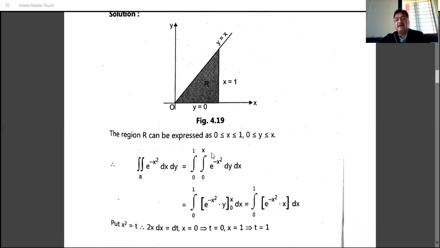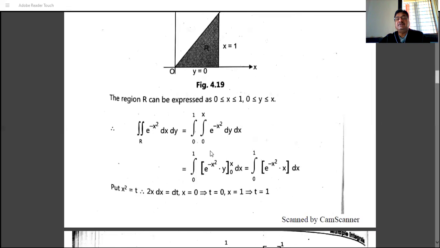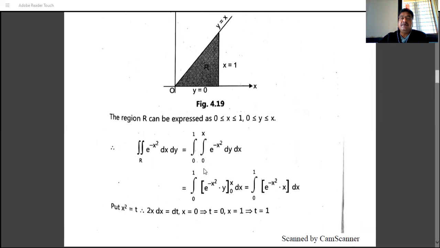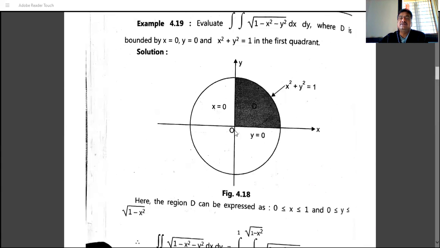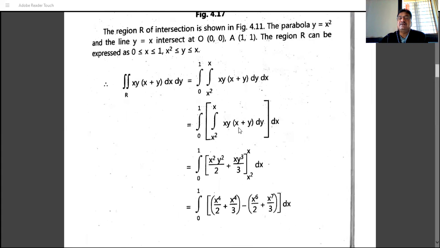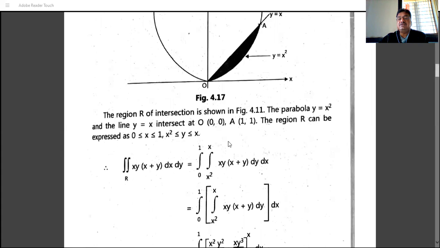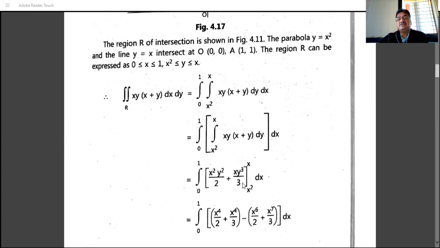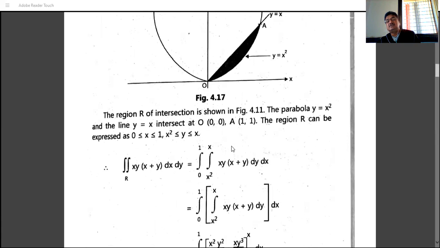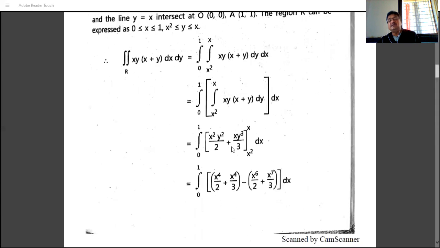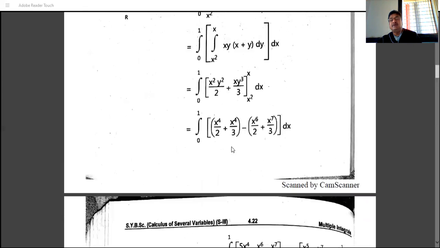So we decide whether to integrate with respect to y first or x first depending on the example. In some examples, like in example 4.19 here, it doesn't matter whether we integrate with respect to y first or with respect to x first. In both methods we have the same answer, and both methods are simple.